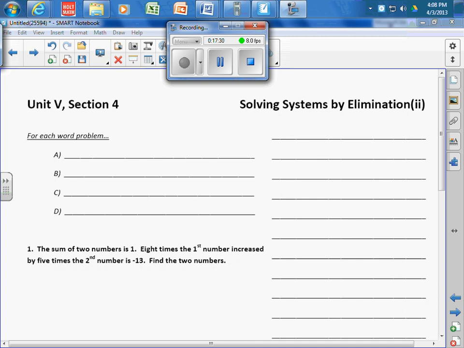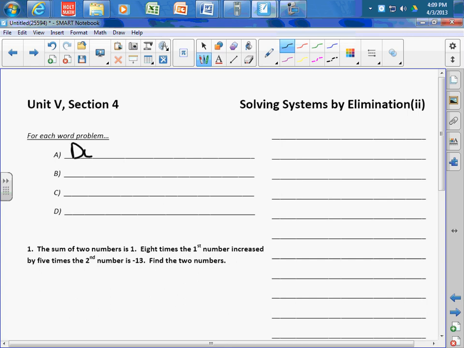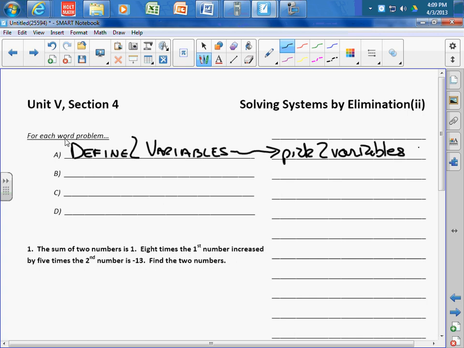All right, now, do you remember what the steps are in solving story problems? A is to do what? Define two variables. What does that mean? It means pick two variables and tell me what they stand for.